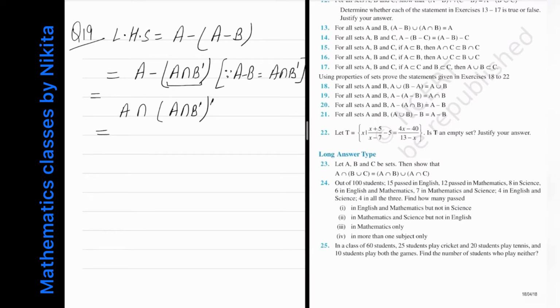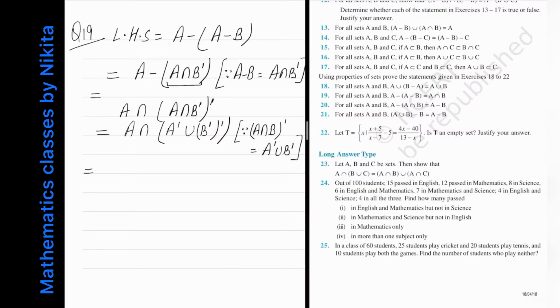Now this is equal to A intersection with (A intersection B complement) whole complement. Here I can use De Morgan's law. So this is A complement union (B complement) complement, since (A intersection B complement) complement is equal to A complement union B complement complement.